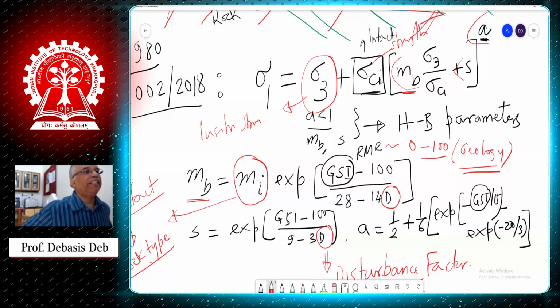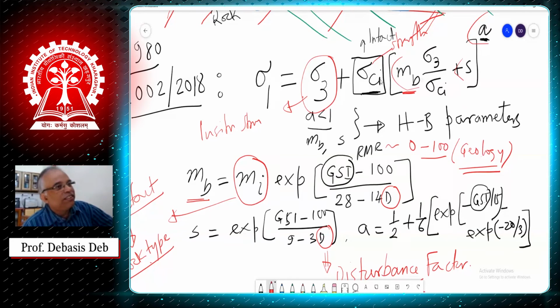So that's why the Hoek-Brown equation is very popular, and it also has the blasting effect if there is any. So you can note it down: it has geology, rock type, in situ stress, strength of the rock, and also disturbance due to blasting. Everything is put into a single equation.